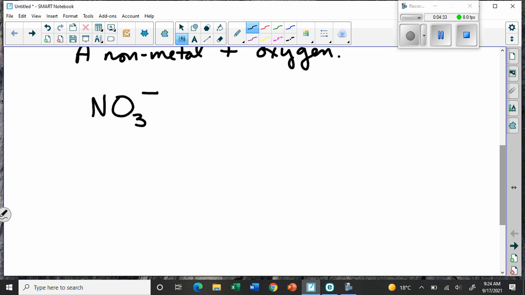Okay? Now we have to give them special names. This one is called nitrate. The key here is to focus on the ate. The ate at the end is a suffix that tells us we're talking about this particular polyatomic ion. It's almost like the oxygens there translate into the ate, nitrate.